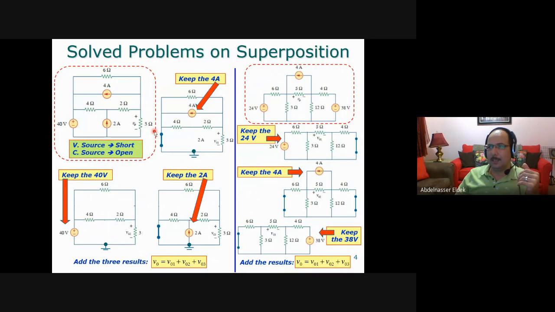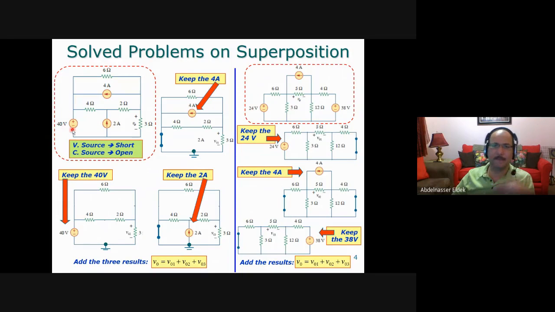But sometimes you may need to use superposition if you have multiple sources. So here I have 40 volt, I have 2 ampere, I have 4 ampere. So I have 3 sources. Superposition says that the total voltage across this 3 ohm, this V0, equals the total effect of these 3 sources.